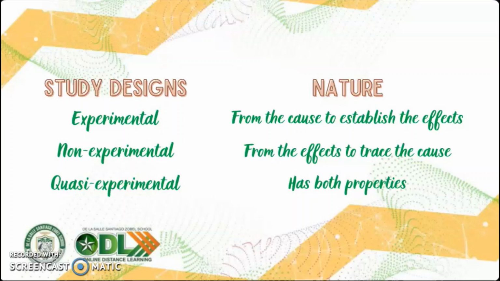For experimental, it's from the cause to establish the effects. For non-experimental, it's from the effects to trace the cause, and quasi-experimental can have both properties. Let us discuss each one of them.